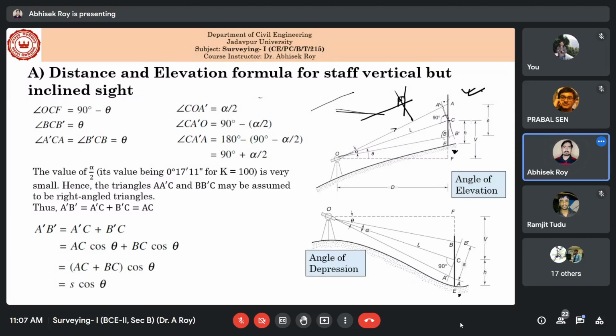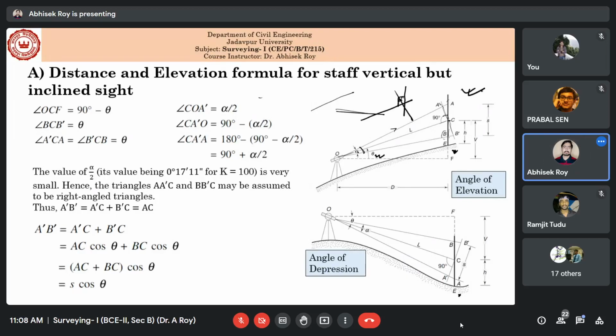Now, once you are sure that your side is inclined, it will be inclined at some angle, so that angle is theta, and in between, this small angle is alpha, which previously we have denoted as theta also.